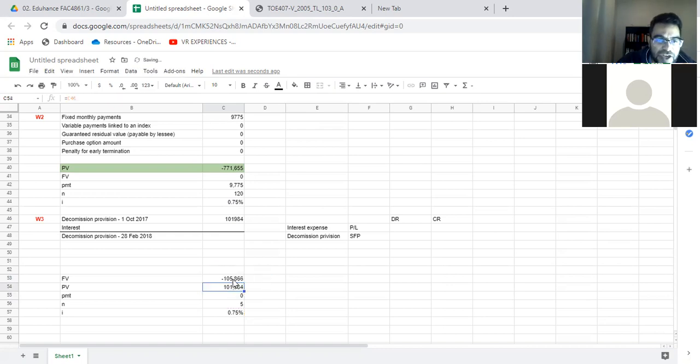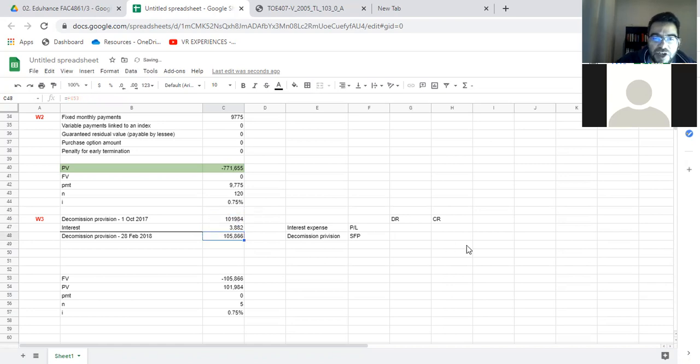So the present value is 101, and at 28 February 2018 the value is equal to 105,886. Just for you to know, the interest will just be the difference between the two, 105 minus 101.